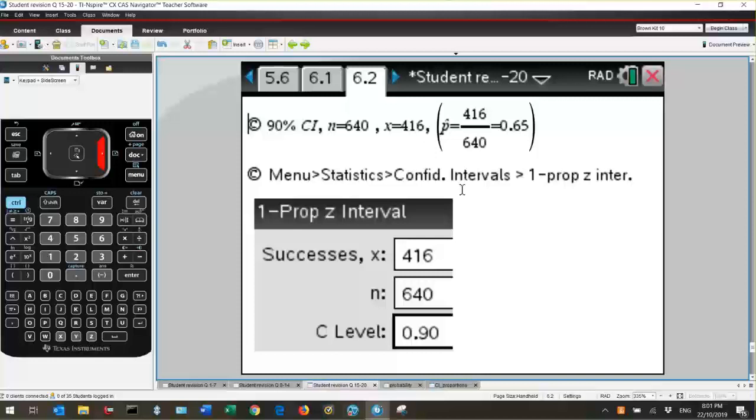Now there's a whole lot of different types of confidence interval. You need a single proportion Z interval. So one proportion Z interval is the one you need, this one here. Okay, so I know X, I know N. The confidence level is 0.9.